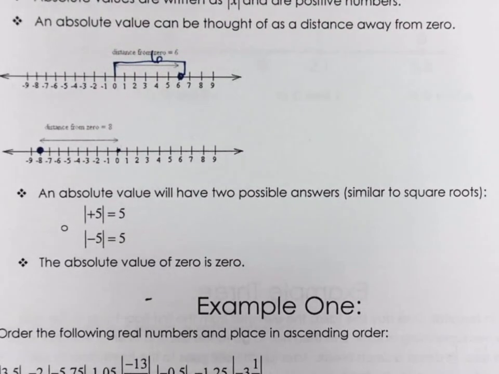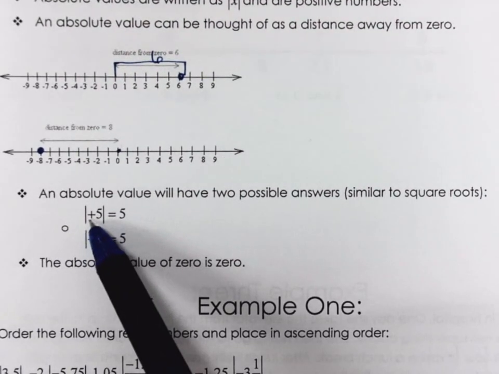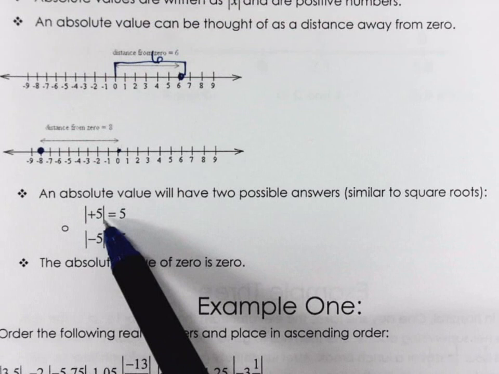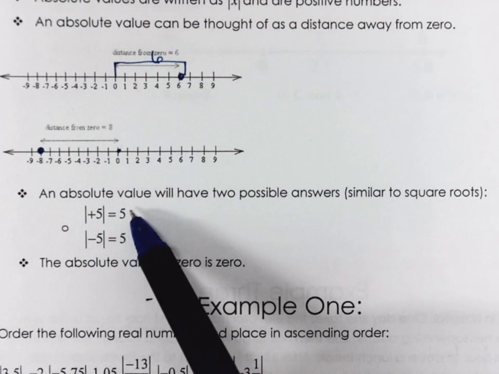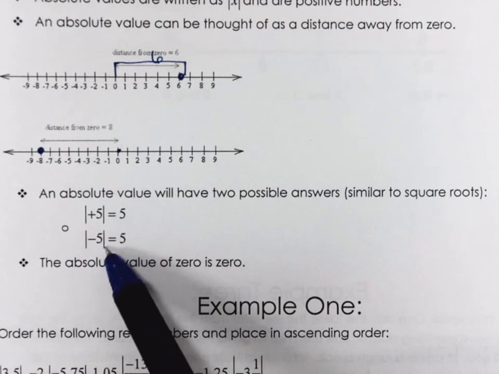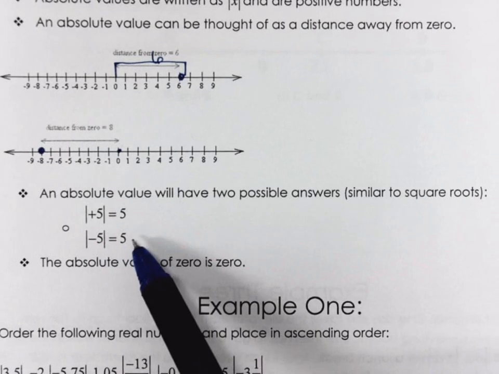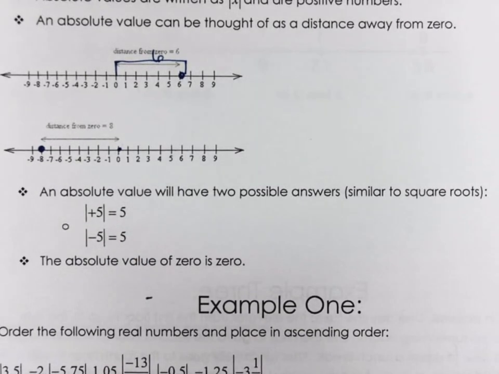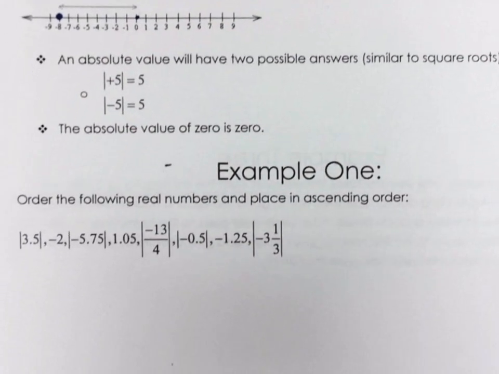The absolute value of a positive number is just itself. But the absolute value of a negative number is the positive version of itself. Absolute brackets take away the negative. It's about the distance away from 0 and we don't care about direction. Oh, the absolute value of 0 is 0. I don't know if you need to know that, but you probably will.